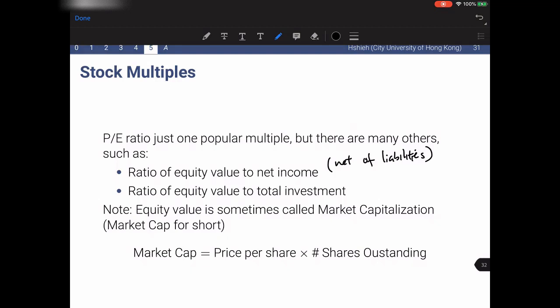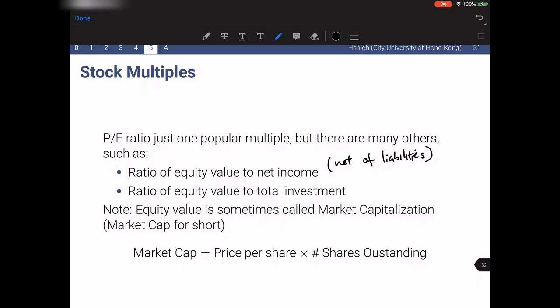So for stock multiples like the PE ratio, P stands for the market value of the equity, and earnings is some characteristic of the firm. But we have to make sure that the numerator and the denominator of these multiples are discussing the same parts of the firm.